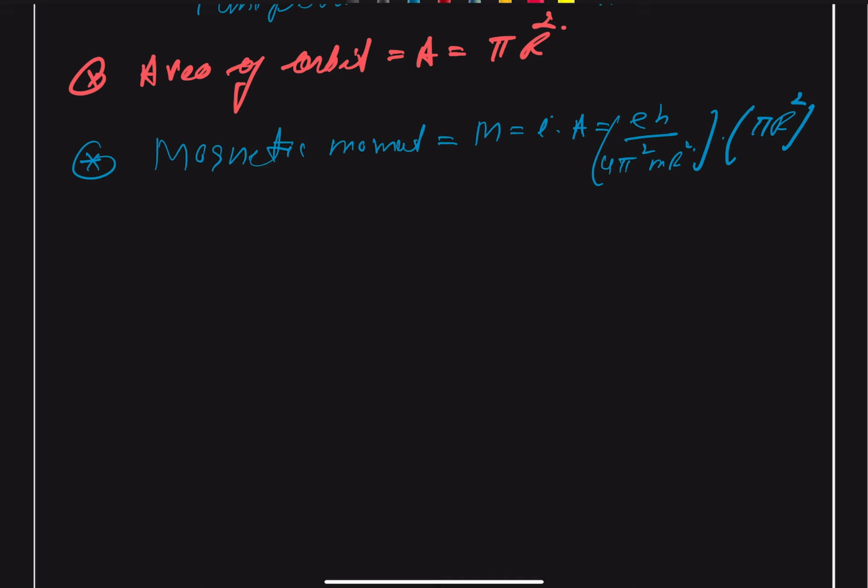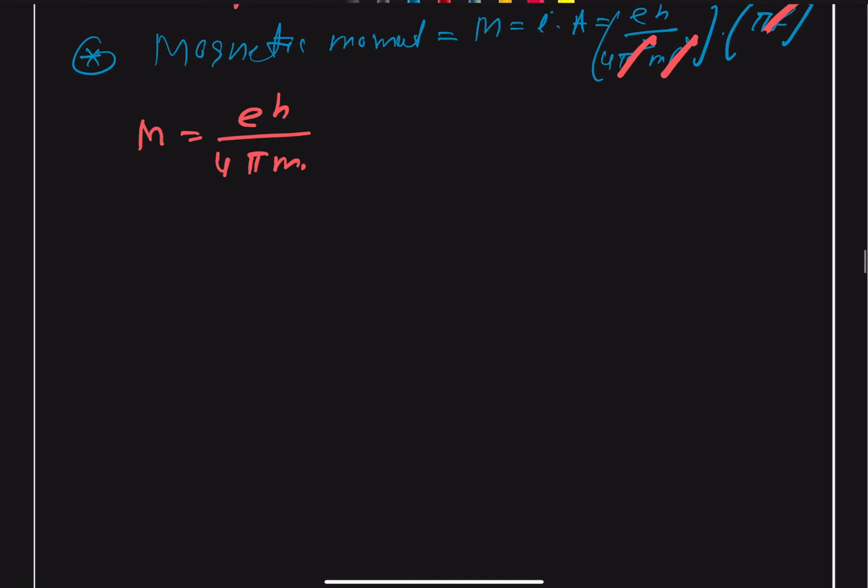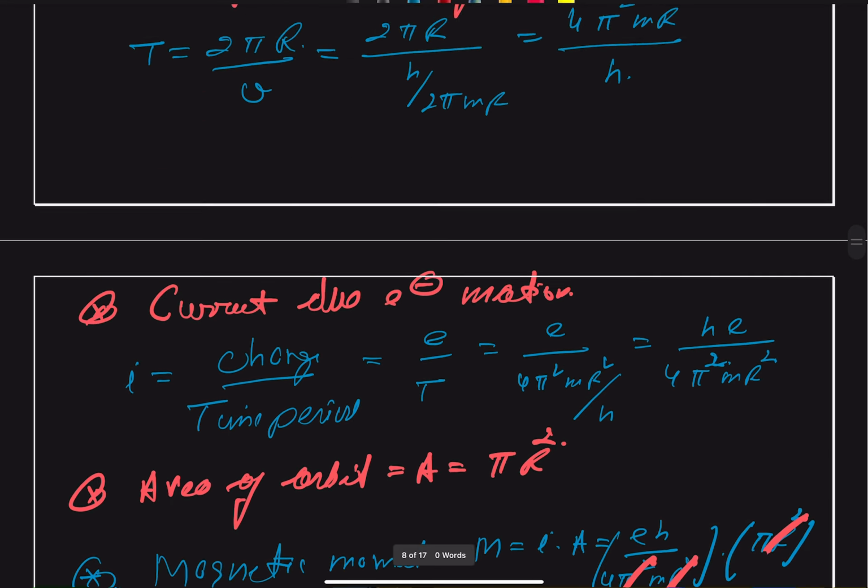So we are left with magnetic moment equal to eh divided by 4 pi m. I think only this was asked in the first part.